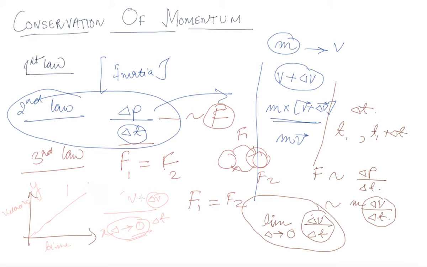So when you talk about del v upon del t, what we are doing is actually taking a very small quantity, that is velocity, this part, and this particular part a very small quantity.